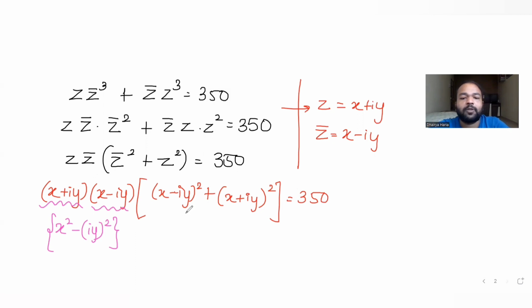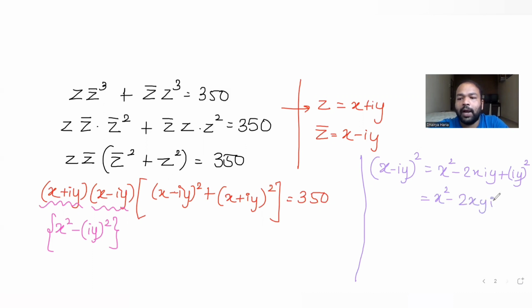In the second term, let's expand. We have x minus iy the whole square, which is a minus b the whole square, and that is given as a square minus 2ab plus b square. So you get x square minus 2xyi plus i square y square.